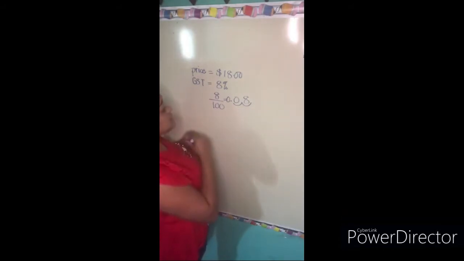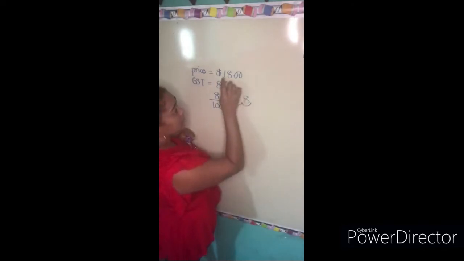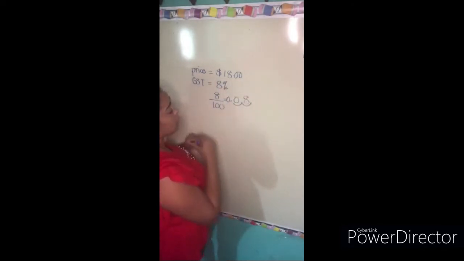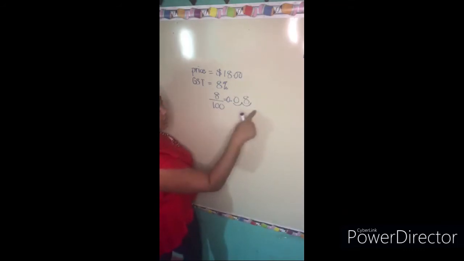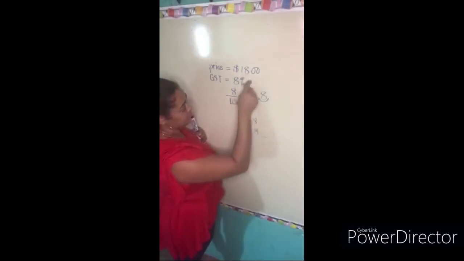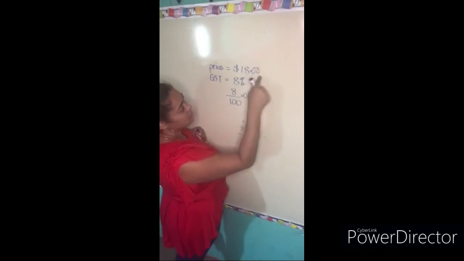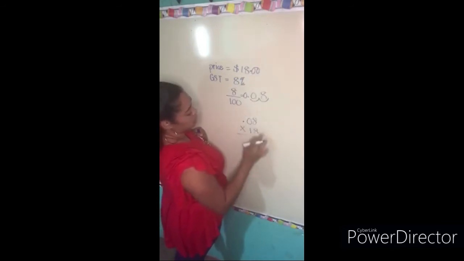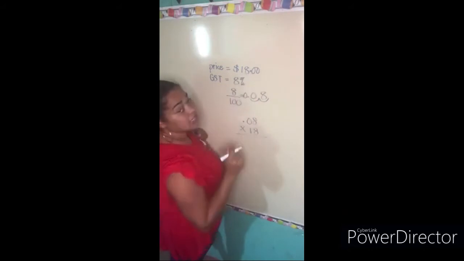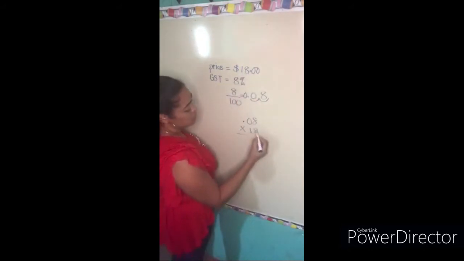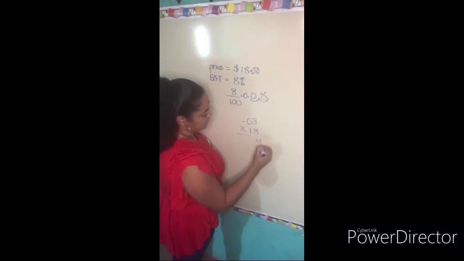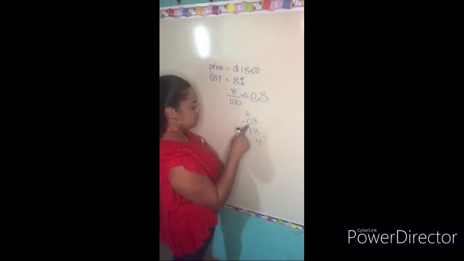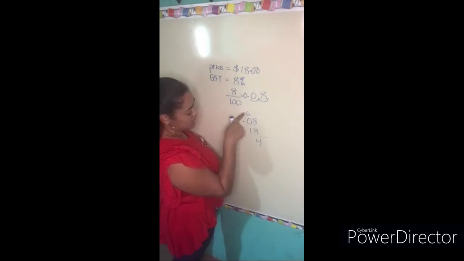Alright? So instead of saying 8 over 100 times $18, we can just multiply 0.08 times 18. We have a decimal and zeros at the back, so we don't have to put 0.00. We just leave it as 18 since the decimal is already at the back, right? So 8 times 8 is 64. 8 times 0, 0, and 6, 6. Now we're going to work with this number.